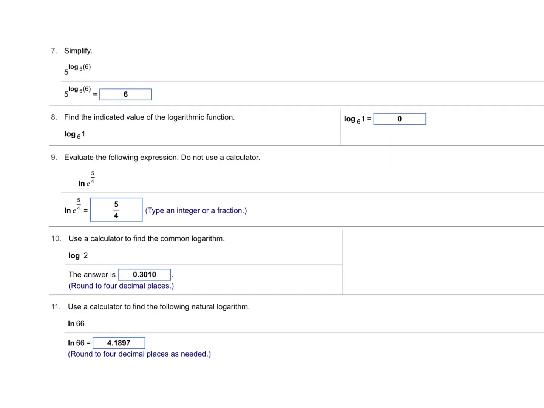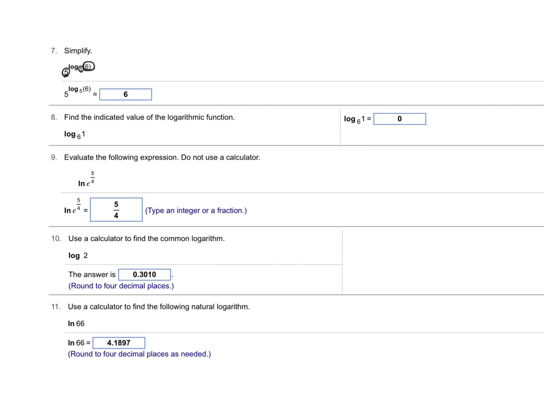Number 7, when I have 5 to the power of log base 5 of 6, the answer is just that 6. When we have this set up where the base of my exponent and the base of my log are the same, the answer is just what I was taking the log of.